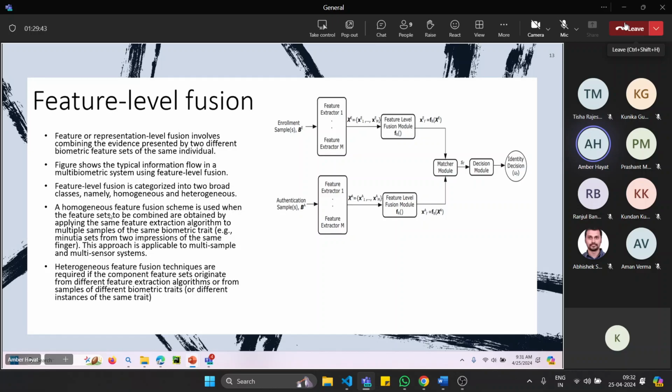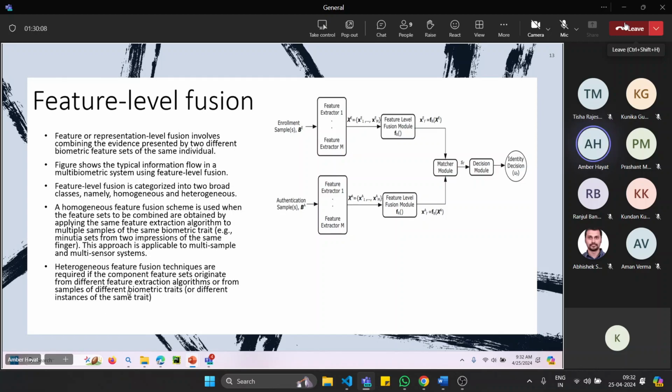The homogeneous fusion scheme is used when the feature sets are obtained from the same feature extraction algorithm. For example, you have one trait, let's say fingerprint. You have taken minutiae in one and minutiae in the other also. So this is the same, and a homogeneous scheme will be required.